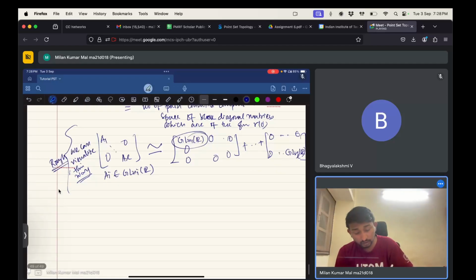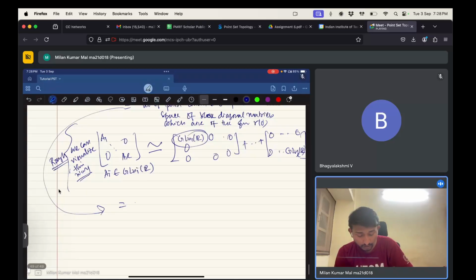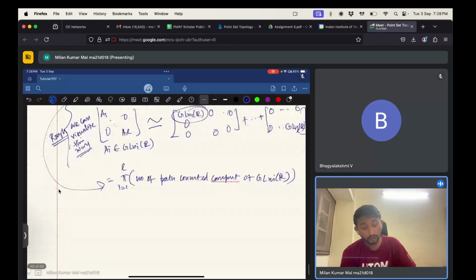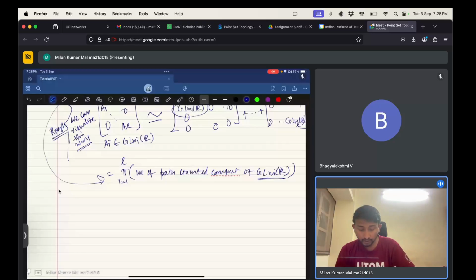So this particular thing equals the number of path connected components of GL_{n_i}(R), which will be the product over i equals 1 to L. This will be the product of all GL_{n_i}, but for each GL_{n_i} there are two components. So that means this will be 2 to the power L. I hope it is clear.